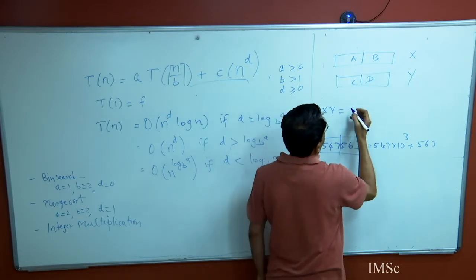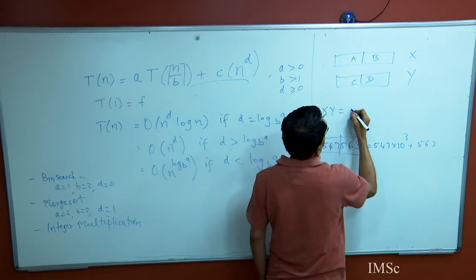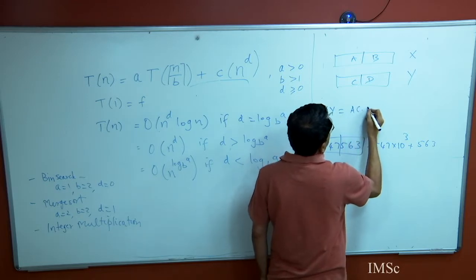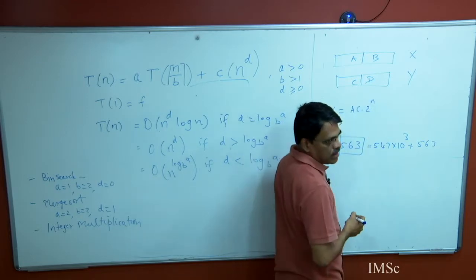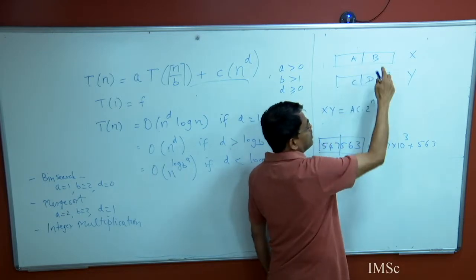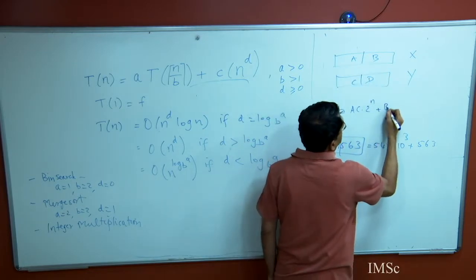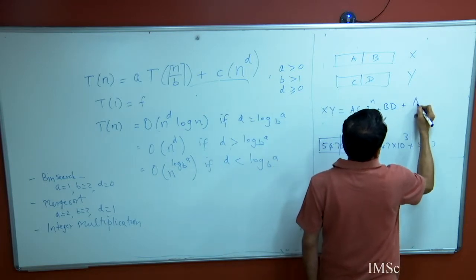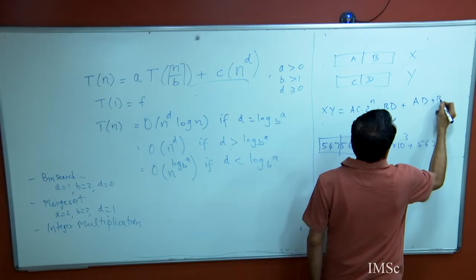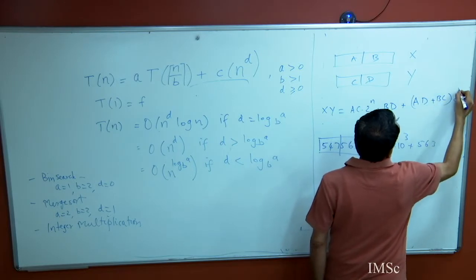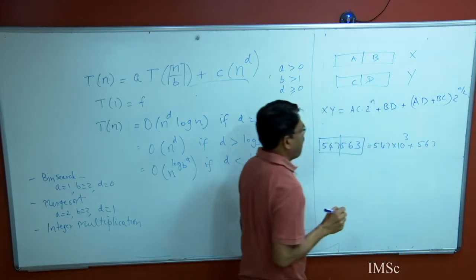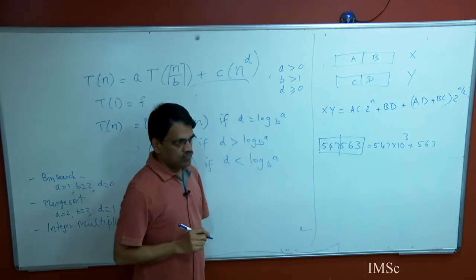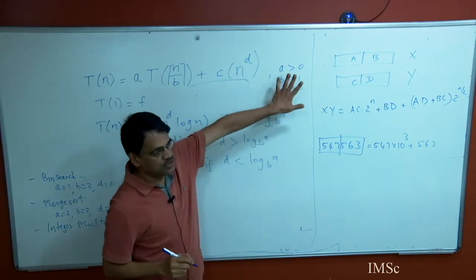So xy you can write as ac into 2 power n, right? Plus bd plus ad plus bc times 2 power n by 2. Right? Because x is a times 2 power n by 2.